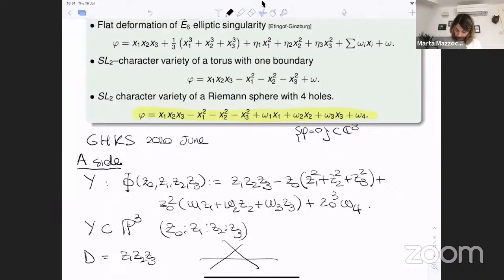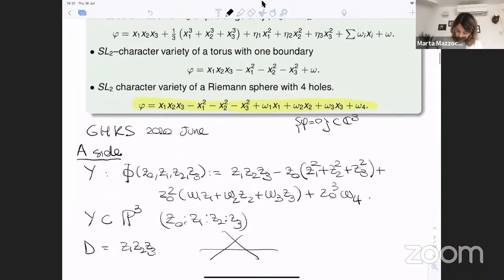Now, when I complete projectively this surface, so let me call this surface M phi, I can complete it projectively, which means I take it as a surface in P3, and then this is the equation of that surface in homogeneous coordinates in P3, okay? But I can also do something else.